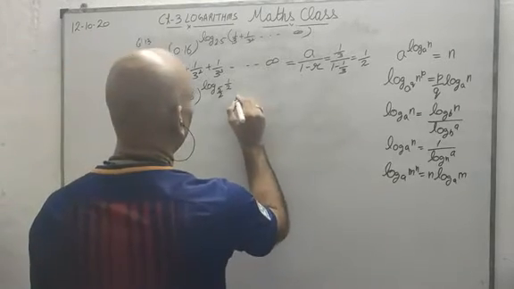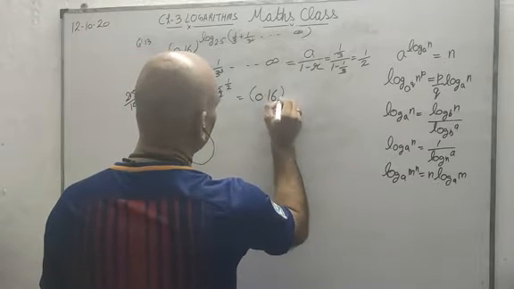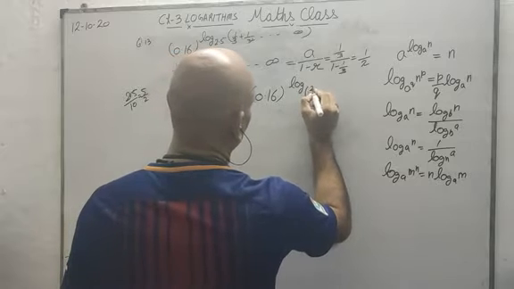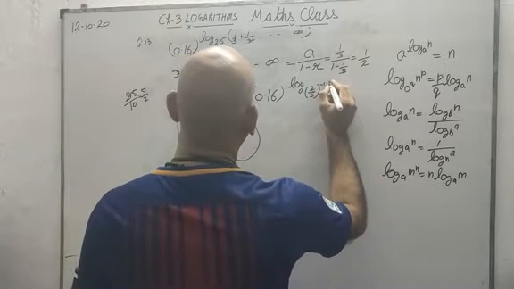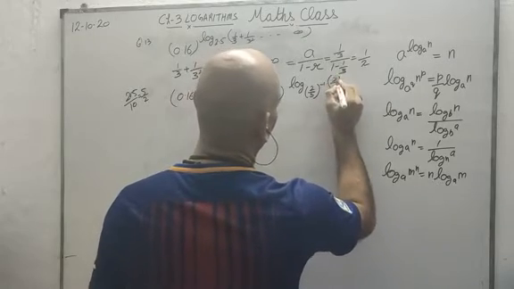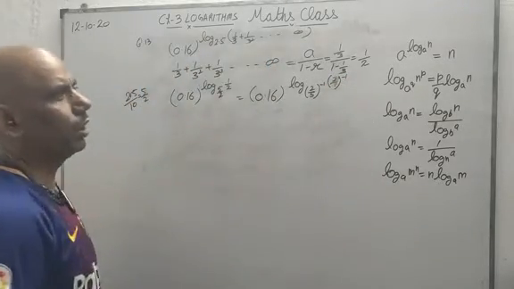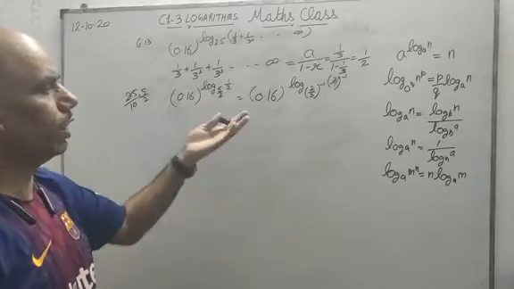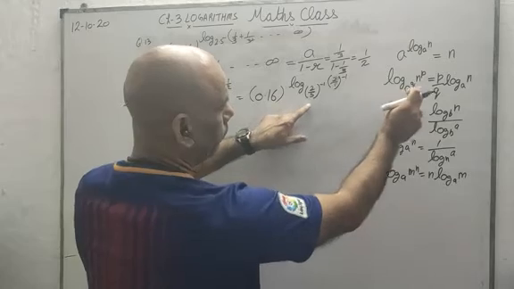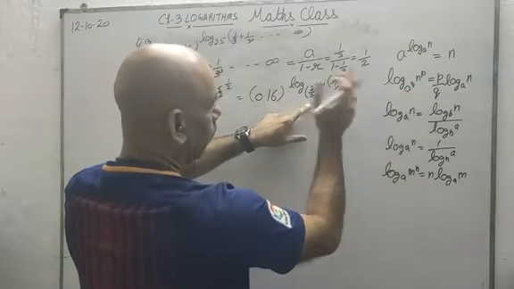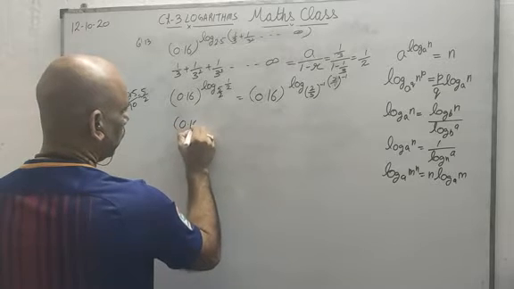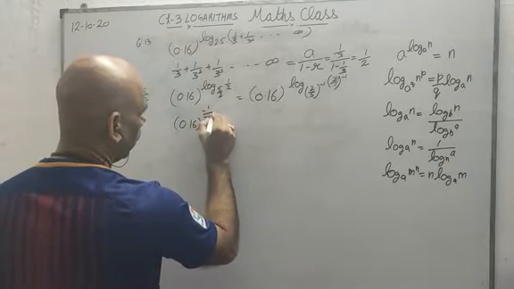So it will be 0.16 to the power log of 2 by 5 to the power minus 1 base 2 by 5 to the power minus 1 of 1 by 2, because 5 by 2 and 2 by 5 to the power minus 1 are the same. And now this is in the form of this. So negative 1 upon negative 1 will be positive 1 only.